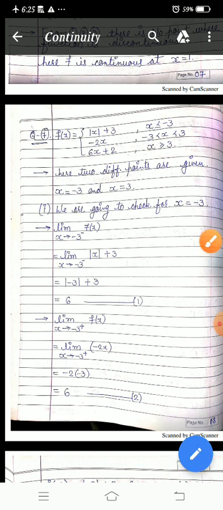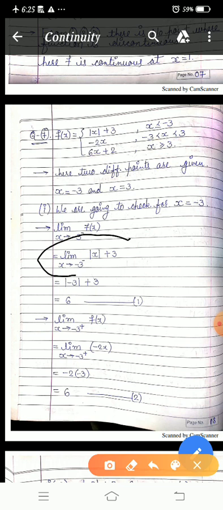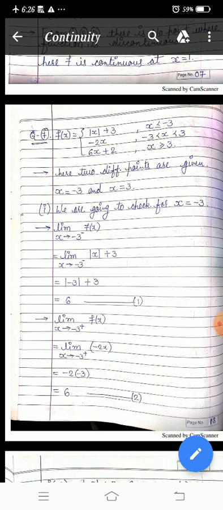So by putting that function here, it will be limit x tends to minus 3 minus mod of x plus 3. Instead of x, the value of x here is minus 3, so it will be mod of minus 3 plus 3 as it is.